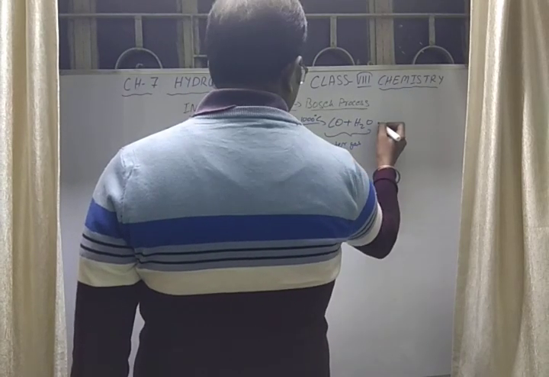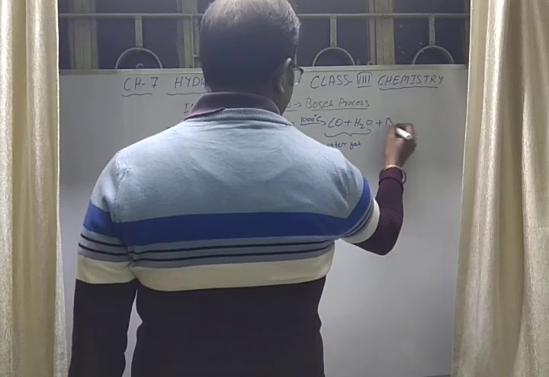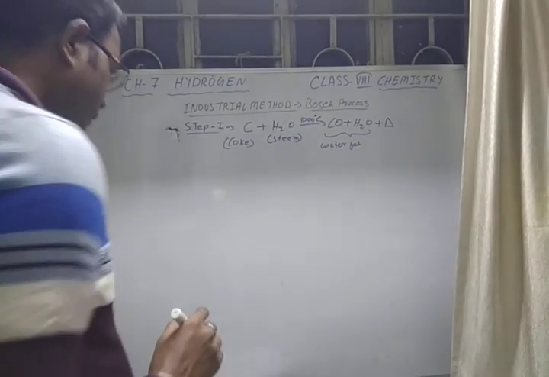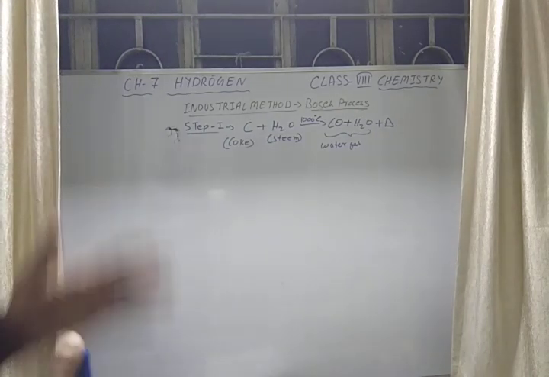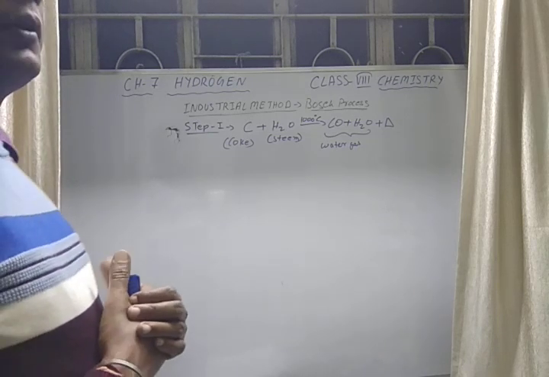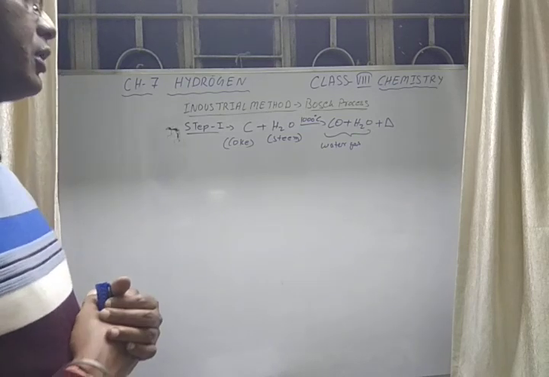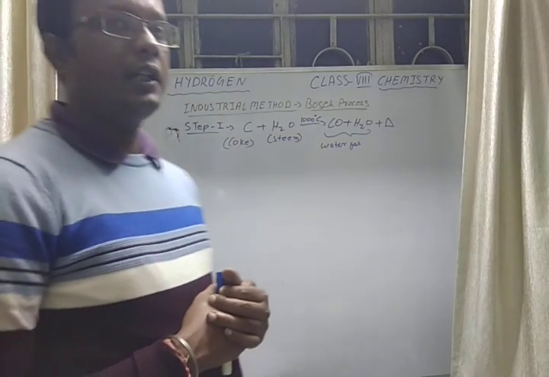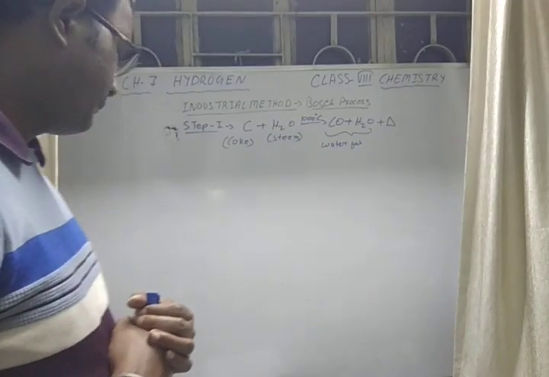Okay, plus heat is also released here. So when steam is passed through red hot coke at about 1000 degrees Celsius, we get the mixture of carbon monoxide and hydrogen, that is called water gas, with heat.